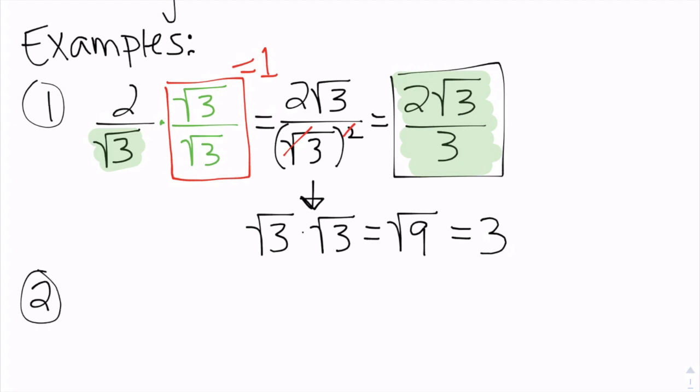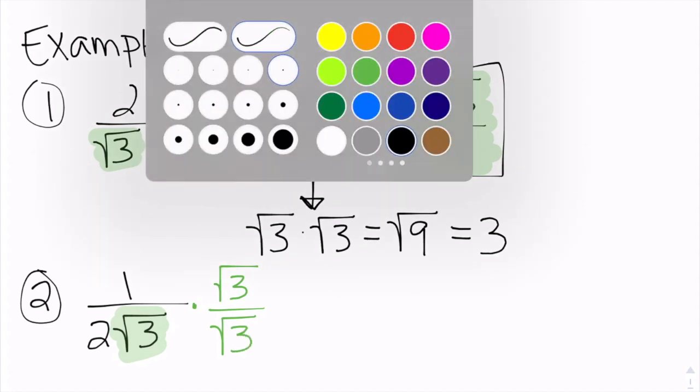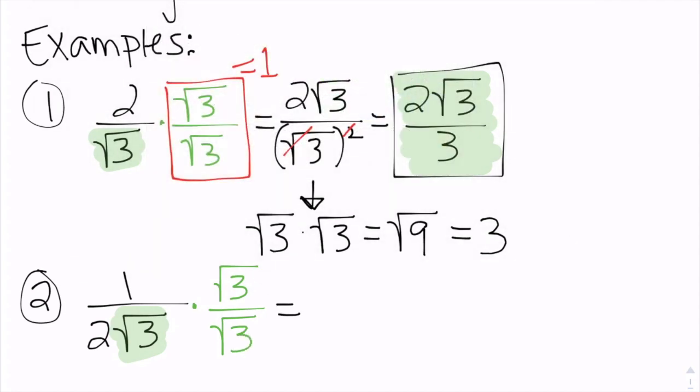Example 2. If we have 1 over 2 times the square root of 3, we're going to look at our radical that's in the denominator, and we're going to multiply by just the radical over the radical. When we do that, we do numerator times numerator.